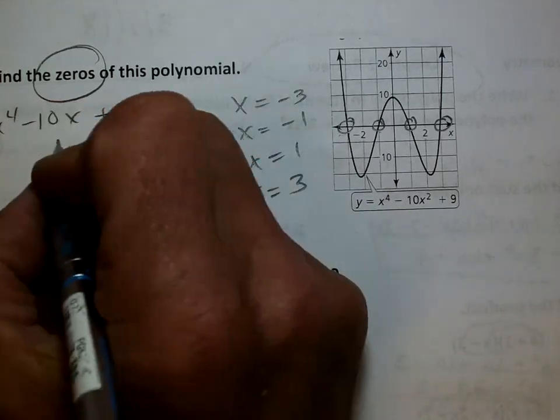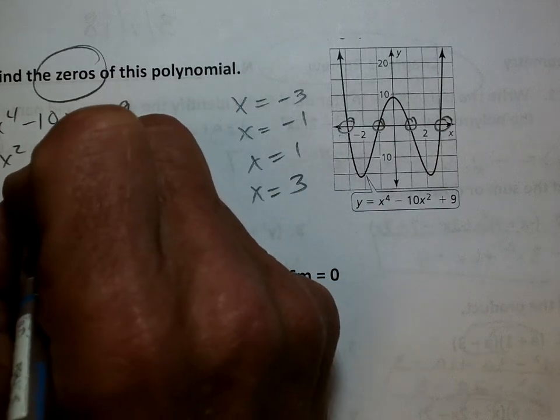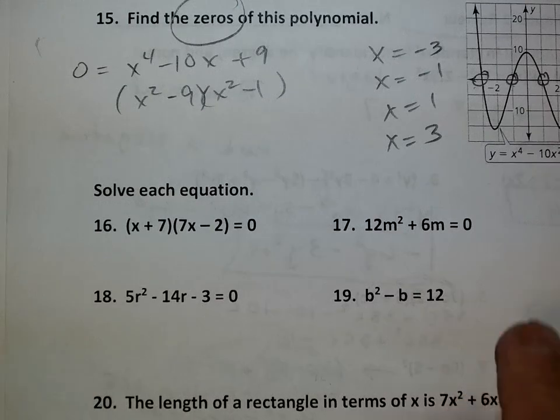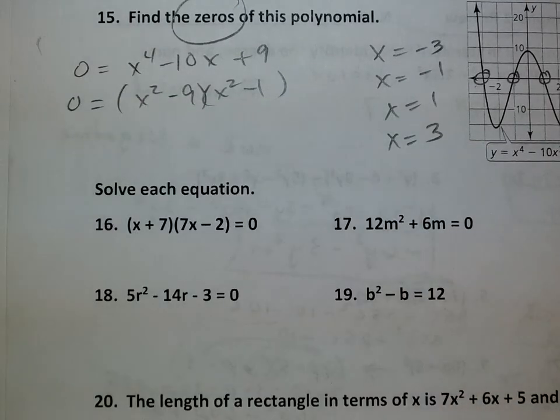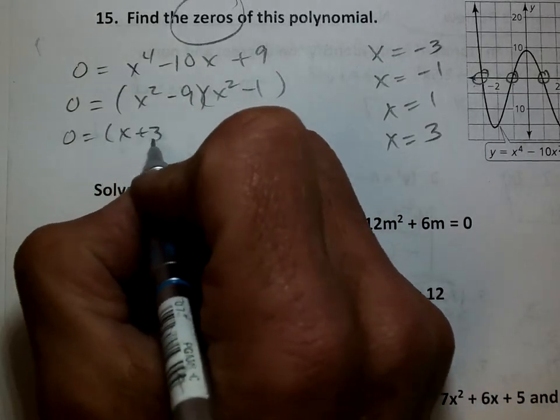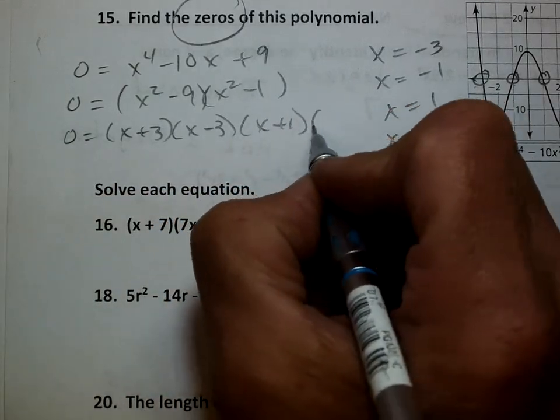So factor: x squared minus 9, x squared minus 1. If I factor it again, thank you, Jacob: x plus 3, x minus 3, x plus 1, x minus 1.